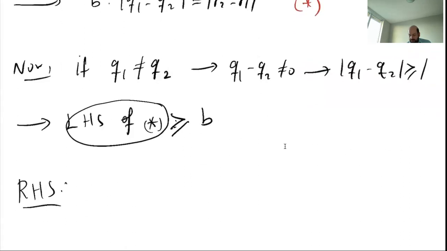What do I know about the right-hand side? I know that R1 is bigger than or equal to 0, less than B, and R2 is bigger than or equal to 0, less than B. So what can I say about R1 minus R2?